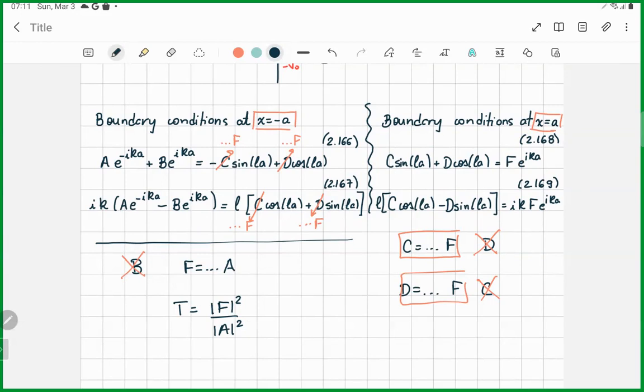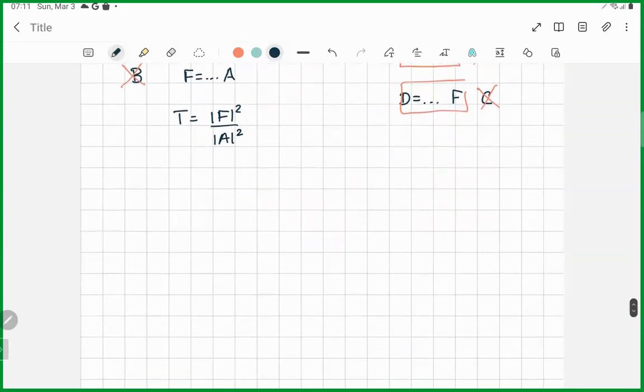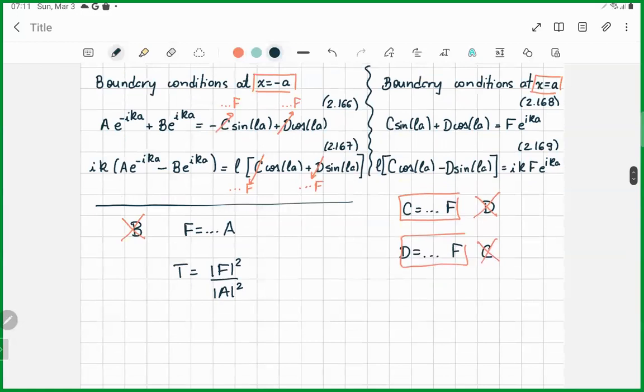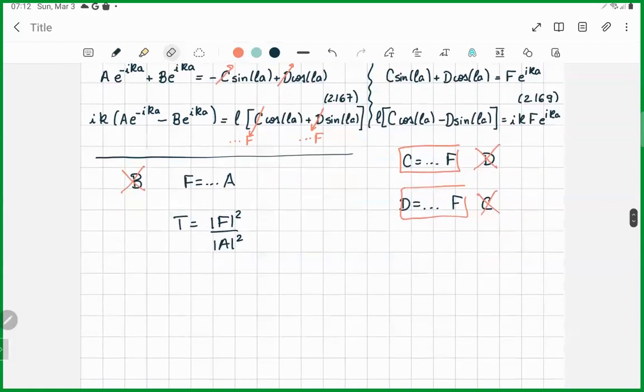Very good. So let's start with those two equations that we have on the right, and I'm already going to start manipulating them for the first purpose, which is to get rid of D. Here on the top, we have D multiplied by cosine, and at the bottom, we have D multiplied by sine. How can I get rid of that? In the first equation, the top one, we have C sine of la.